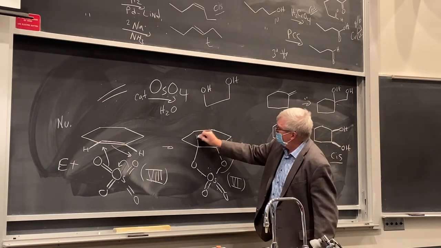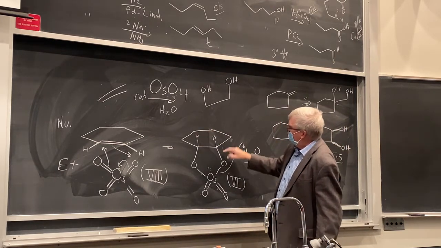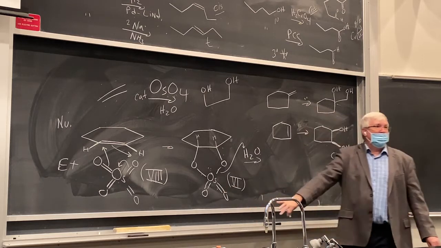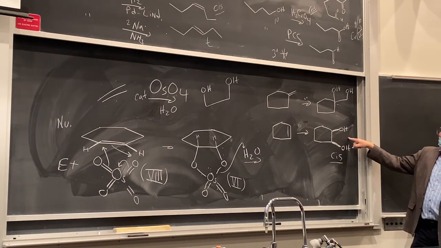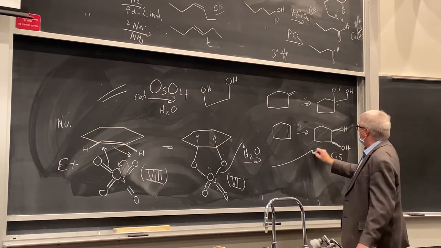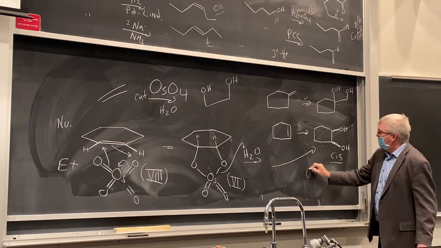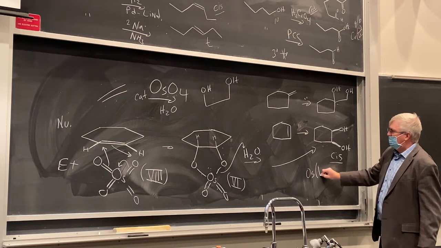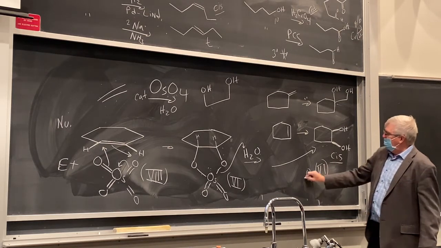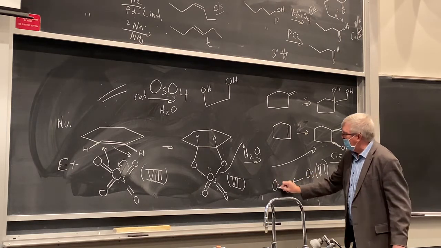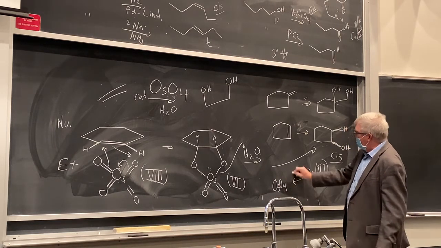So these hydrogens here you see are up. The 2 oxygens are down, right? And that accounts for our observation. It's a cis diol. So if you do that, you get to that, okay? And you get to osmium 6 still, okay? And that osmium 6 can go back to osmium tetroxide with what? NMO.